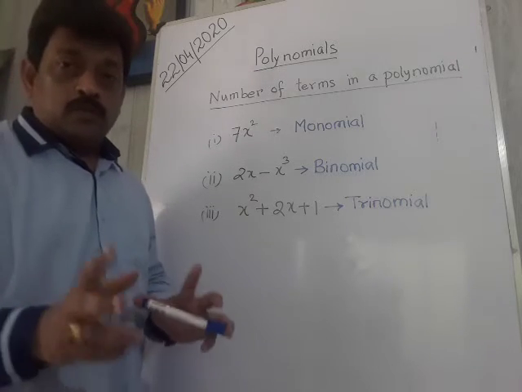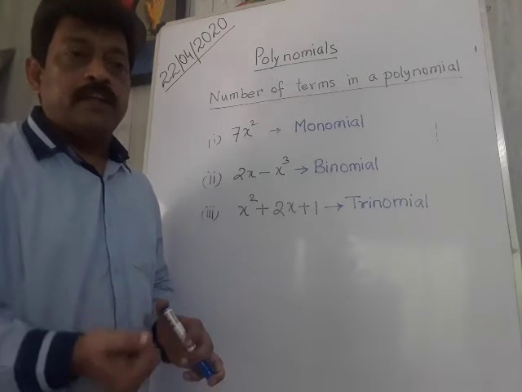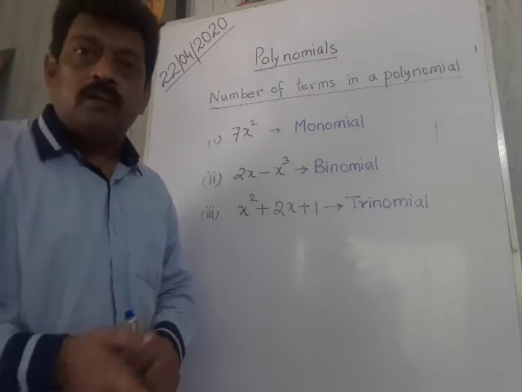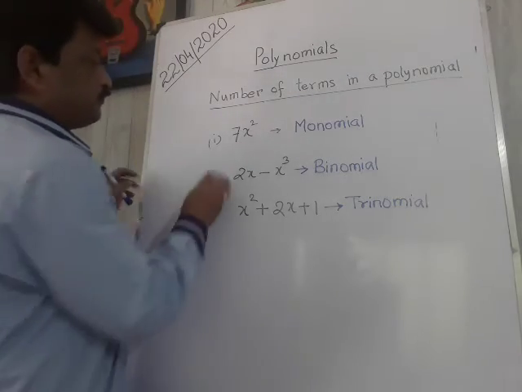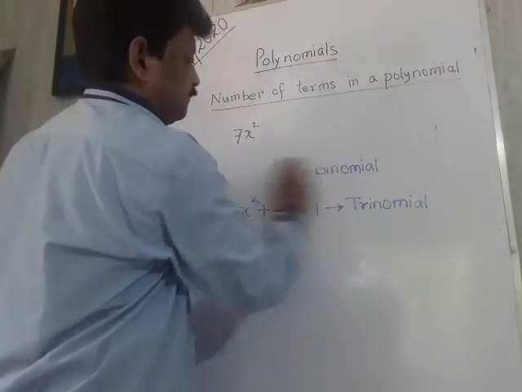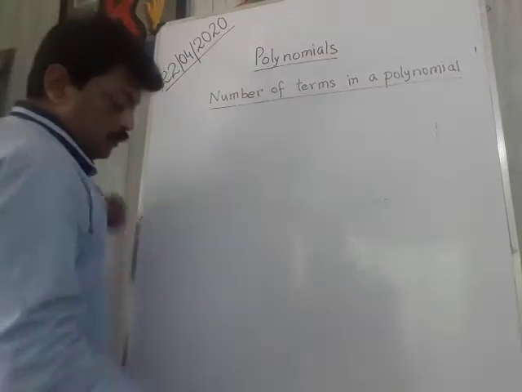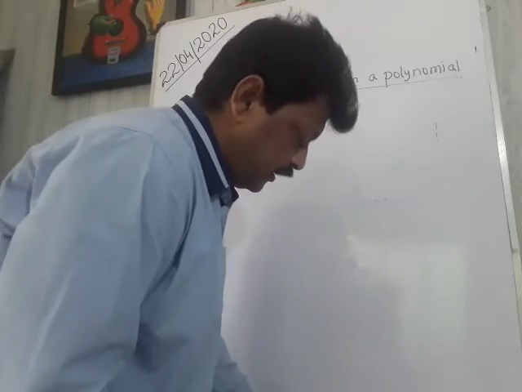Now a question is asked to give an example of a binomial of degree 35.